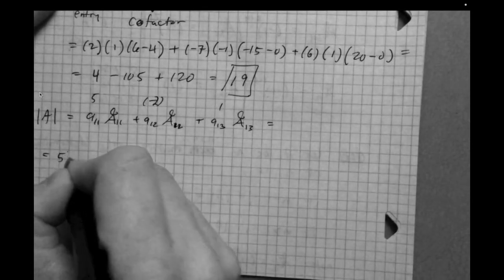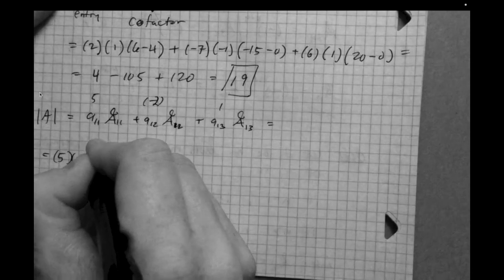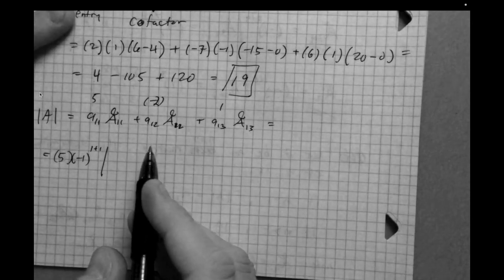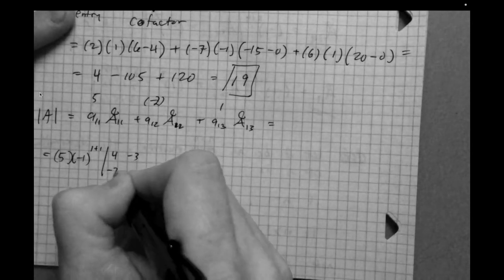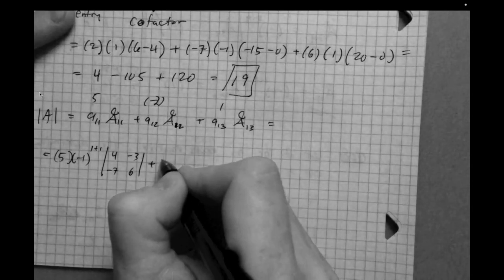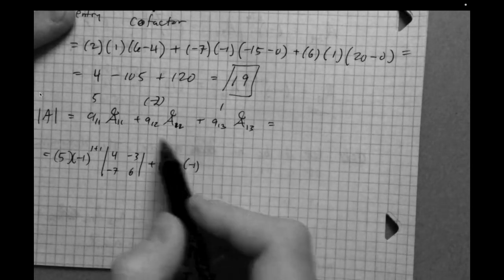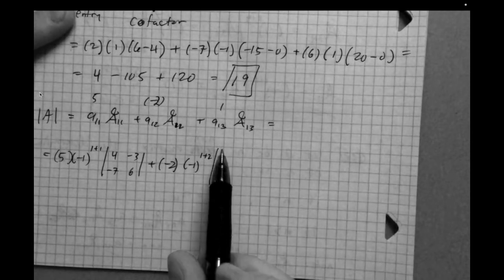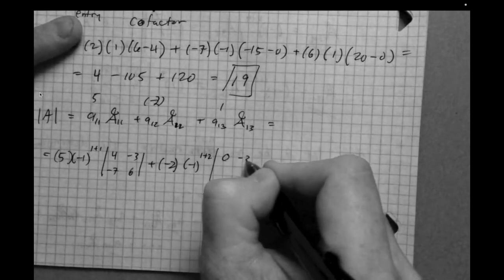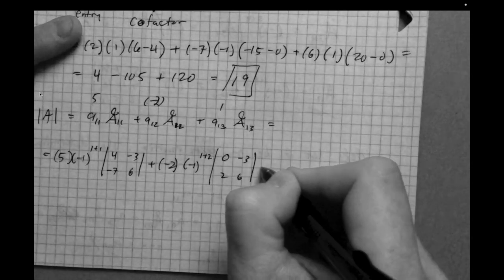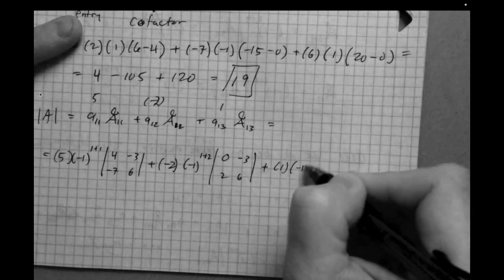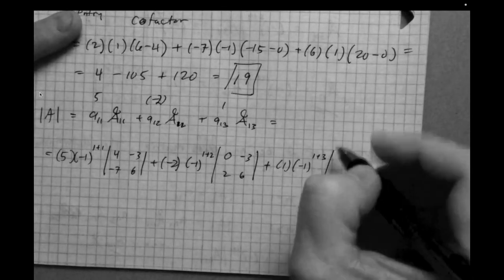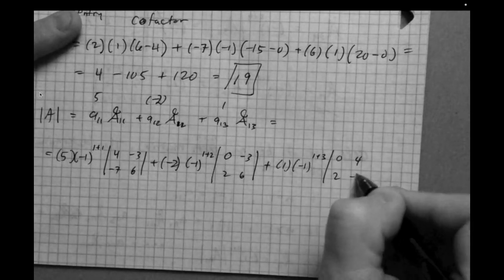Okay, so I've got 5 times negative 1 to the 1 plus 1 power times the submatrix, which would be 4, negative 3, negative 7, 6, plus negative 2 times negative 1 to the 1 plus 2 power times the submatrix 0, negative 3, 2, 6, plus 1 times negative 1 to the 1 plus 3 power times the 1, 3 submatrix determinant, which is 0, 4, 2, negative 7.